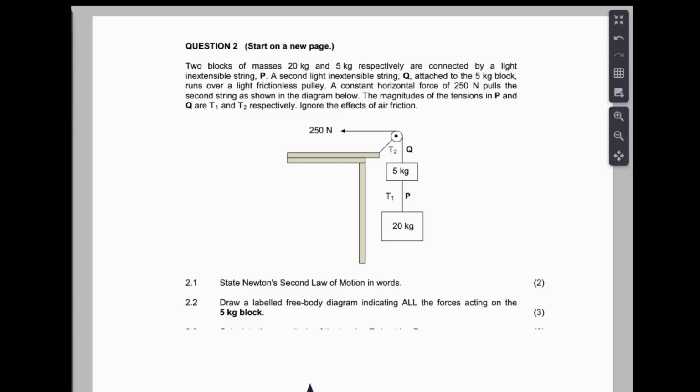Okay, let's answer the second part of the question. Now, remember, in this video, what you need to remember is answering recall questions will pick you up 30%. State Newton's second law of motion in words. So this means that you need to write out the definition in words.